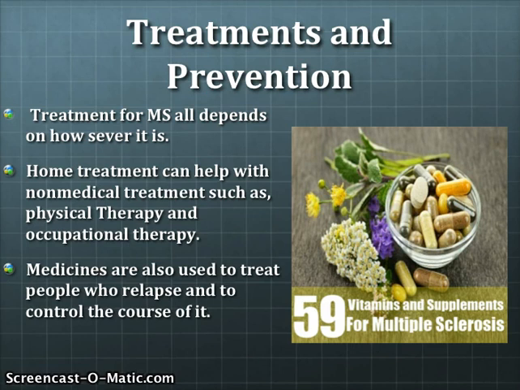And then some at-home treatments can help too, such as physical therapy and occupational therapy. There are also some vitamins and supplements that could help relieve some of your symptoms with MS. And people who commonly relapse, or are believed to possibly relapse, are also given certain medicines to help control it, so if they do relapse, it's not going to be as severe.